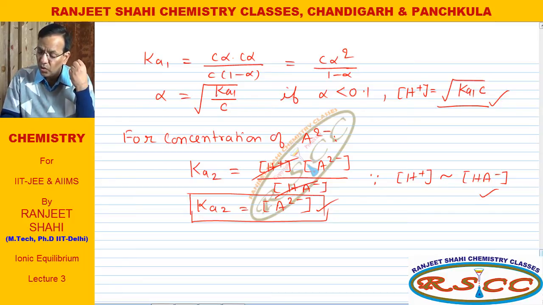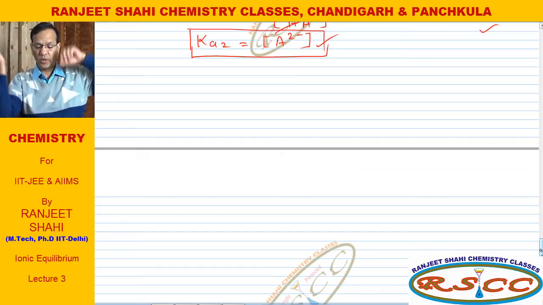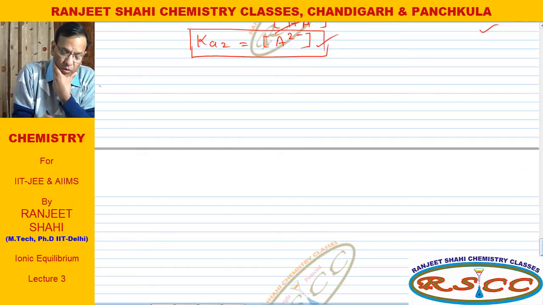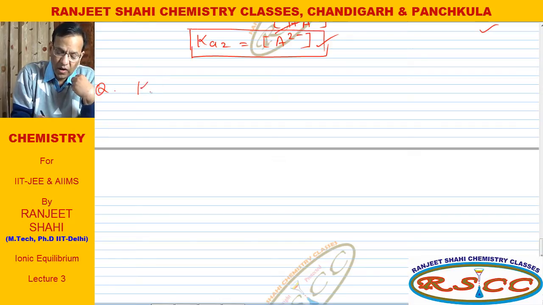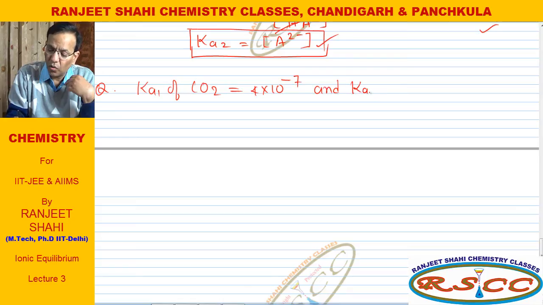So, now let us use them for some calculation. Suppose we have been asked to solve a problem of a dibasic acid, given Ka1 of carbon dioxide is equal to 4 into 10 raised to the power minus 7, and Ka2 is 5 into 10 raised to the power minus 11.